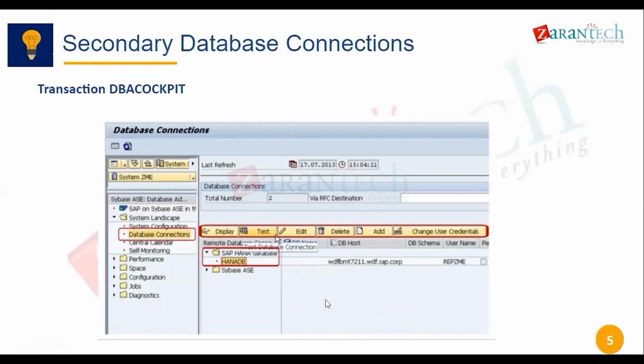This is how a sidecar scenario system should look. If you go to a system where HANA DB is the primary database, you will not see anything here because it's a single database. You can see entries in this T code and inside database connections only if you're running a sidecar scenario, right?